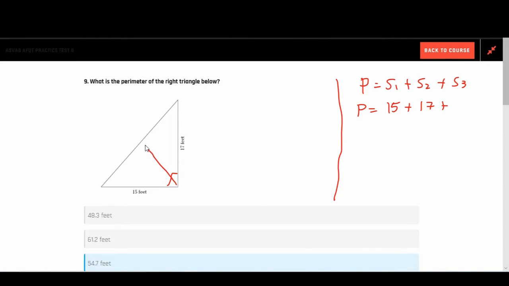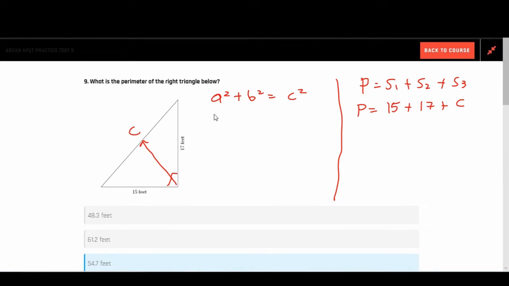The side always directly across from the right angle is called the hypotenuse, and that can always be represented as C. So I'm going to call this third side C. And to find the third side, I'm going to make use of the Pythagorean theorem, which is a squared plus b squared equals c squared, where a and b refer to the legs of the triangle, and c refers to the hypotenuse of the right triangle.